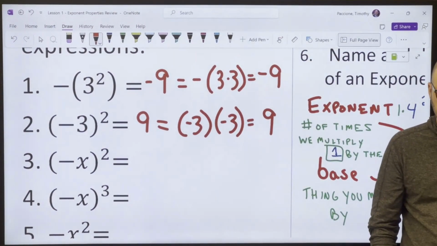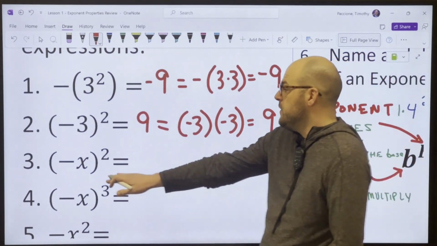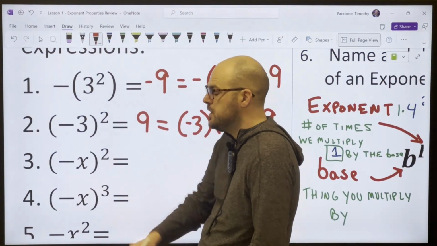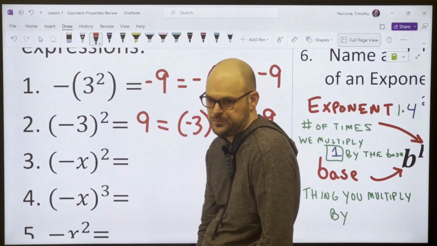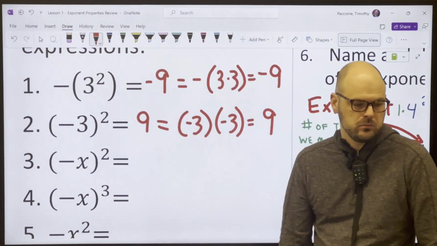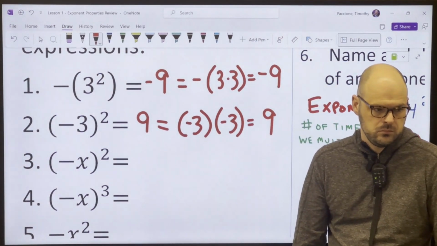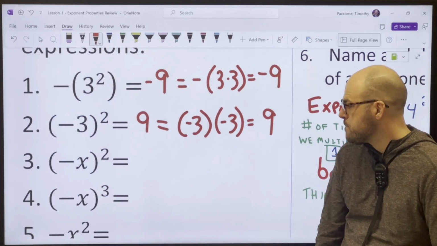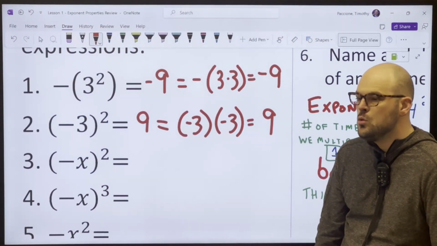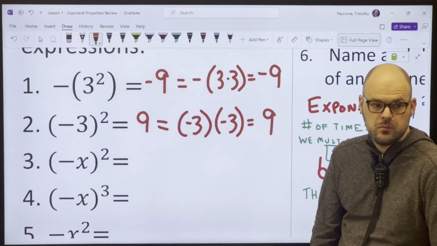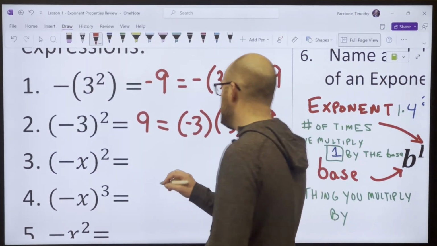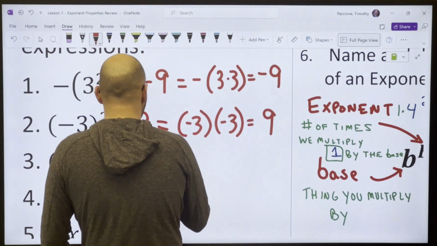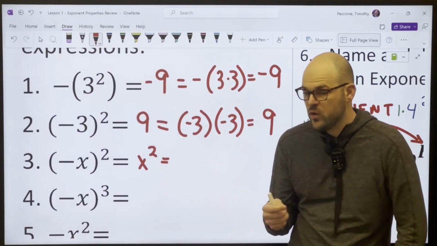Make sense? What about this? Instead of 3, I have -x. Now how do I do that? What does that become? That's just -1 with the variable x. X squared. Positive x squared? Yeah, it would be positive x squared. Let's test it out. What is being raised to the second power?